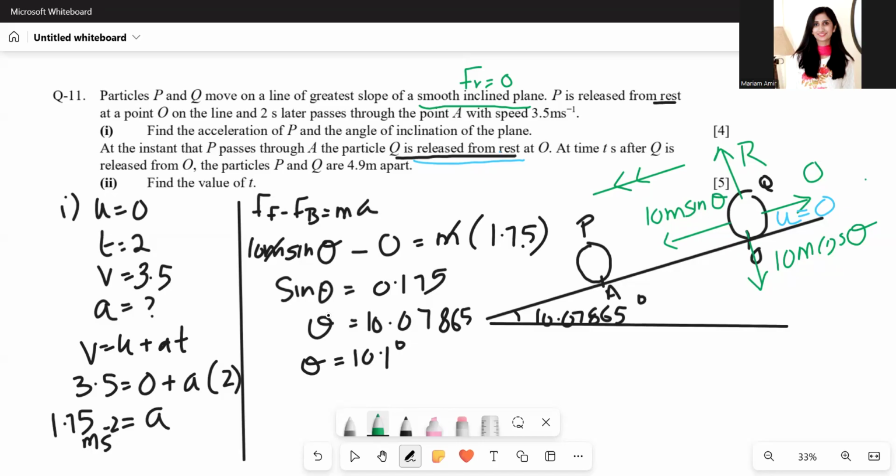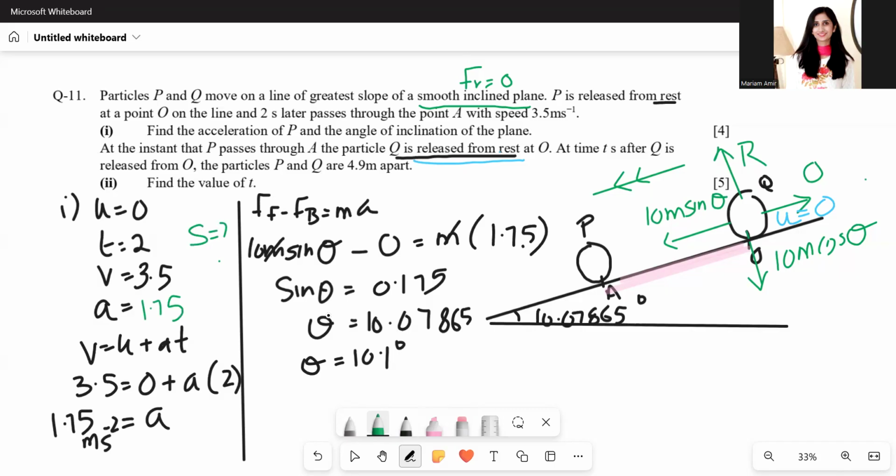At the time t seconds after Q is released from O, the particles P and Q are 4.9 meters apart. Before we use this data, what I need to find is this distance between O and A. So I can use these and find s. Now we also know a. So we have many options to find the value of s. a is now 1.75 and now I need s.